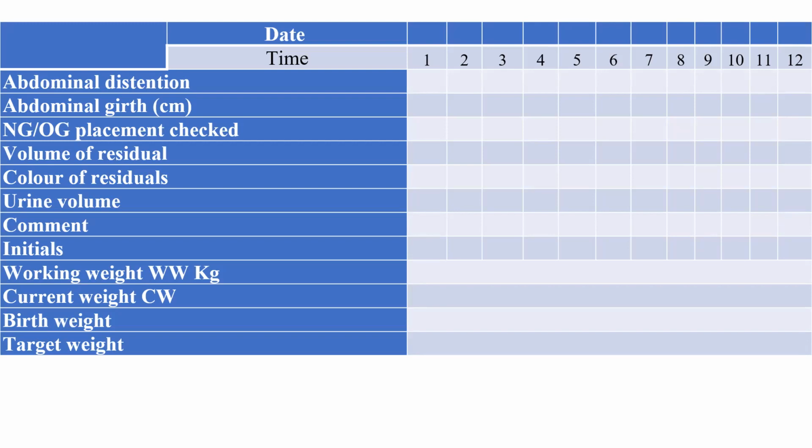So we use the birth weight until the current weight passes the birth weight. Sometimes we don't use the birth weight as the working weight, we use the current weight. If there is edema or dehydration, we use another weight. So it will be the current weight or today's weight. And we need to mention what is the birth weight and what is our target weight.